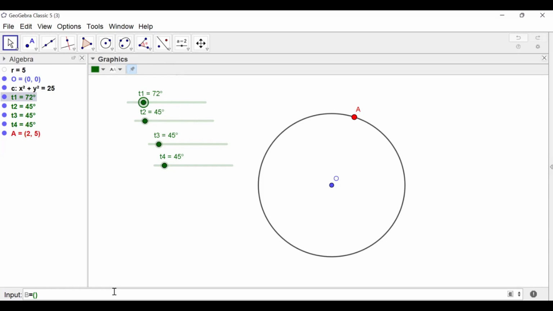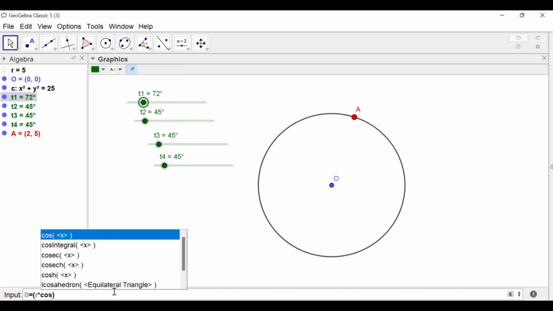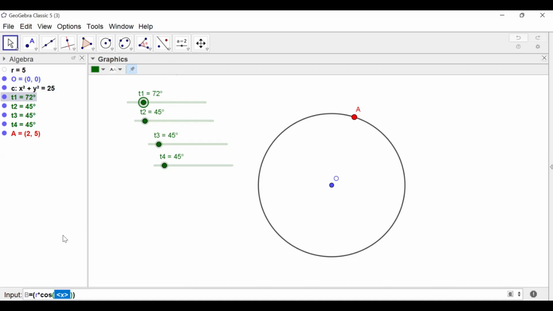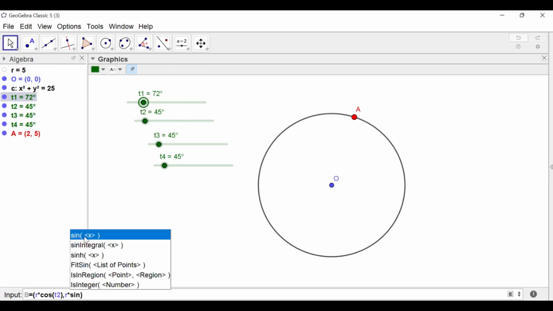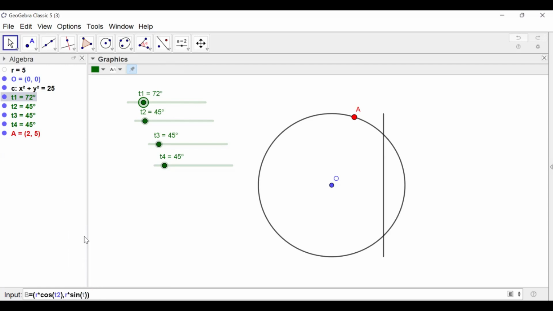We have R multiplied by cos T2, close the bracket, we take R again, multiply by sine T2. Okay. So we have point B.